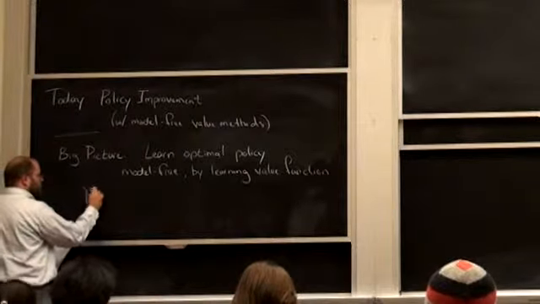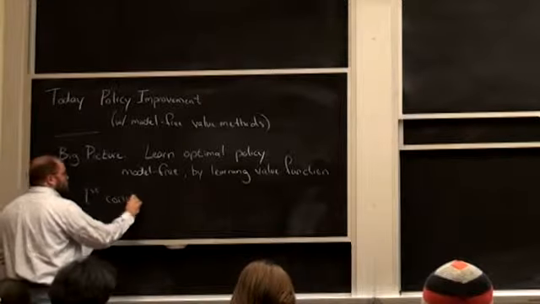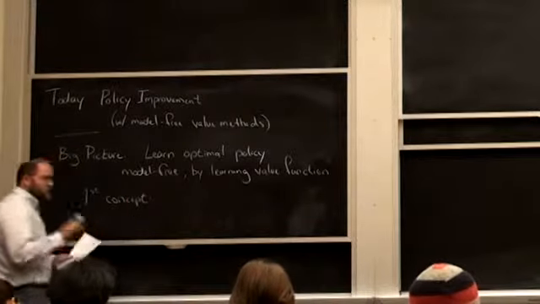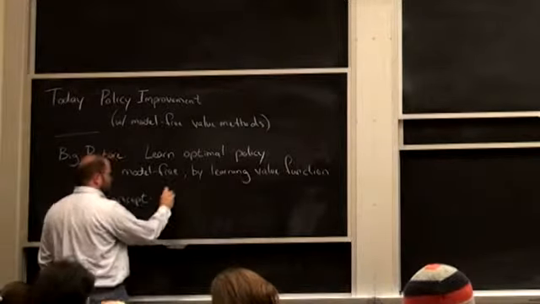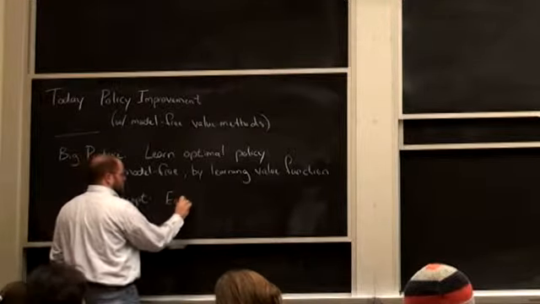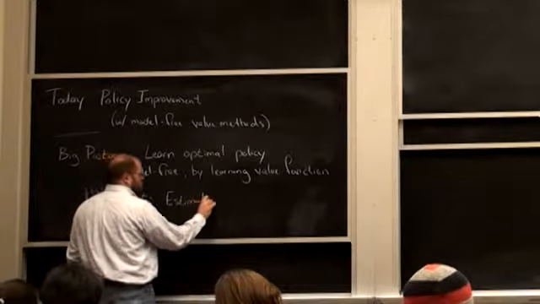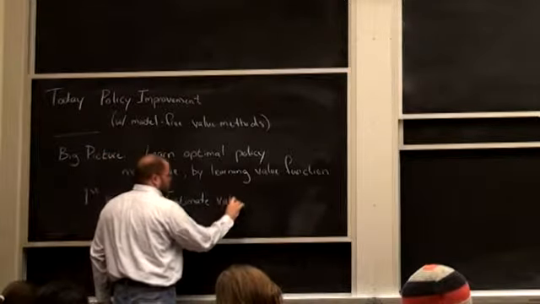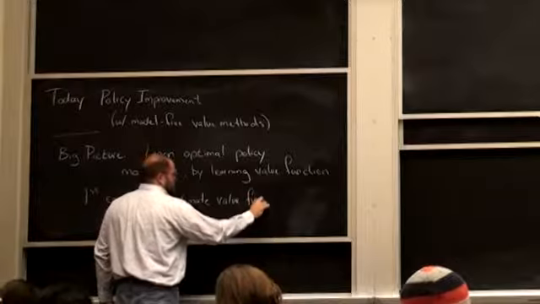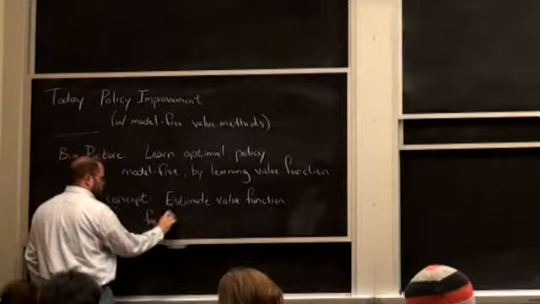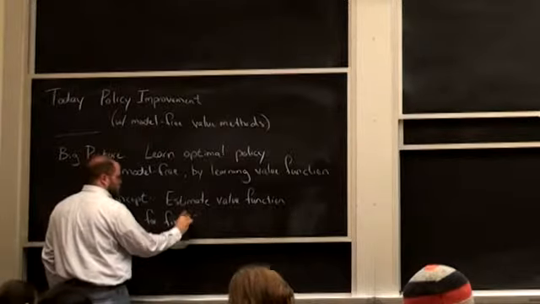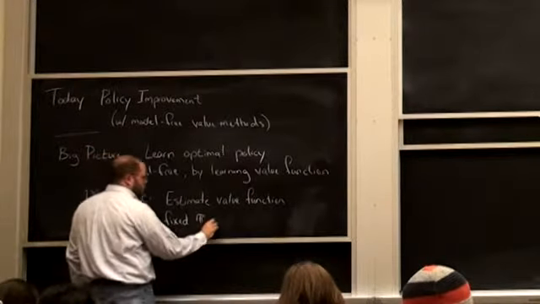The first thing we did, which is really all we did last time, was estimate a value function for a fixed policy, called J pi.